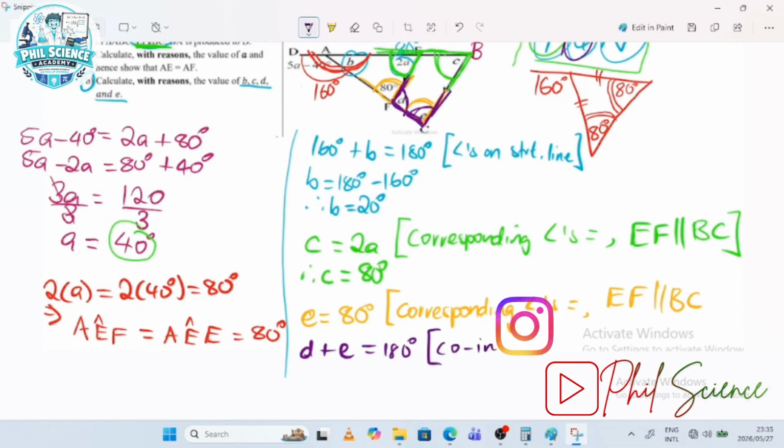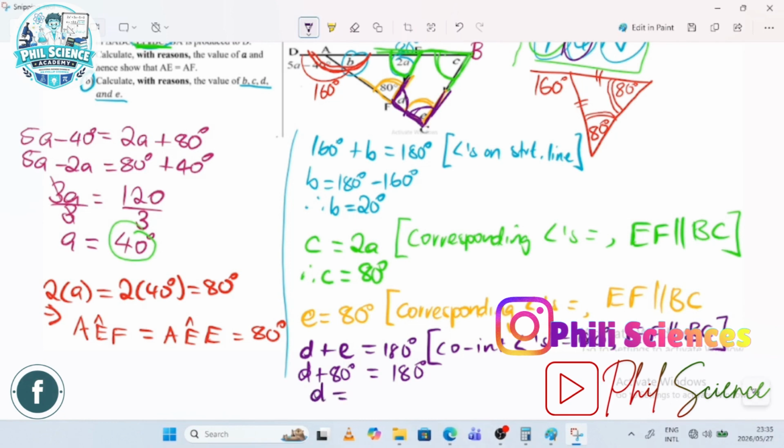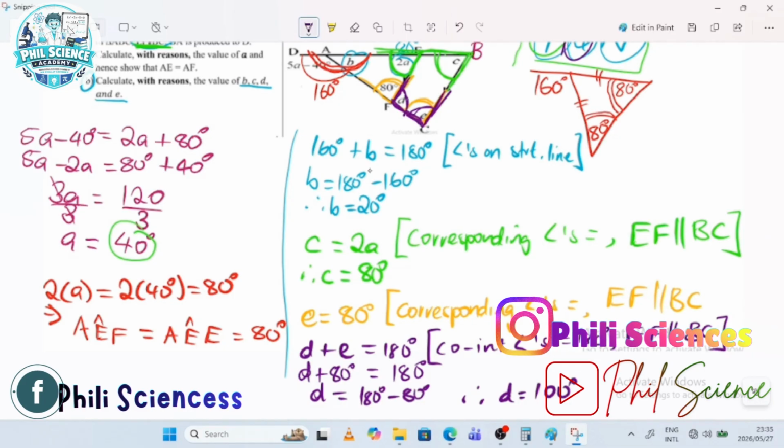Reason: co-interior angles are equal to 180 degrees, since EF is parallel to BC. We already know our E is 80 degrees, so D plus 80 degrees is equal to 180 degrees. We'll take this 80 that side. D is equal to 180 degrees minus 80 degrees, and therefore D will be equal to 100 degrees.